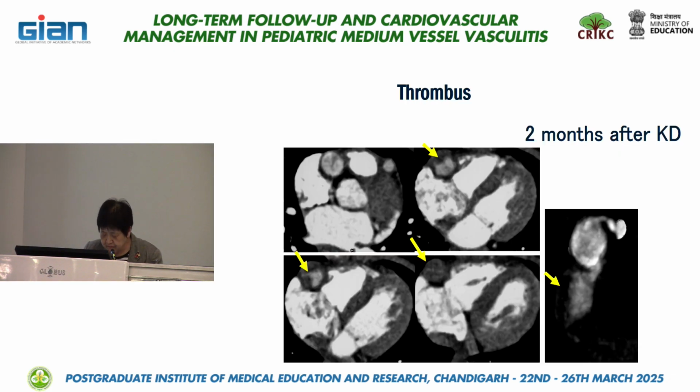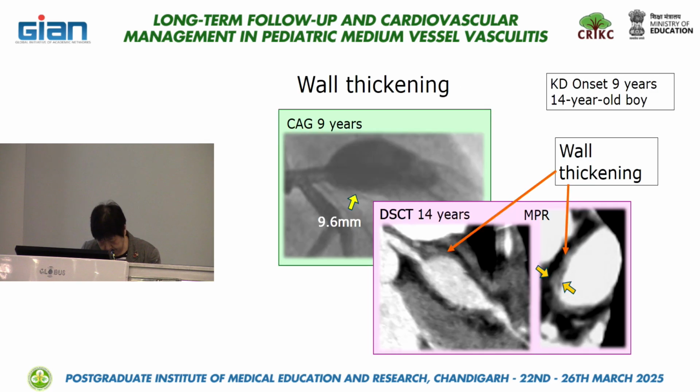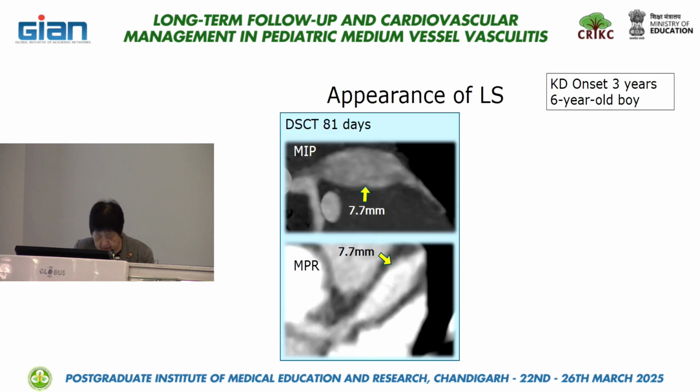Thrombus is detectable in CTA imaging. This patient had occlusion of the RCA. Coronary wall thickening is also detectable. Appearance of localized stenosis without calcification is detectable.